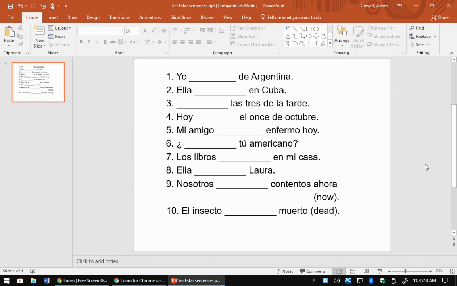So go ahead, take some time. Like, for example, number one is either going to say, yo soy de Argentina or yo estoy de Argentina. All right. And so on each one, look at the whole sentence and think about the reason that you chose it. Never guess. Okay. All right. So go ahead, saque el papel, and pause the video now.